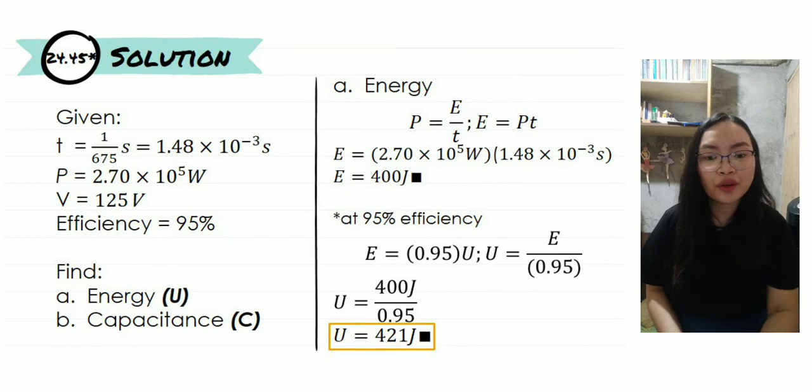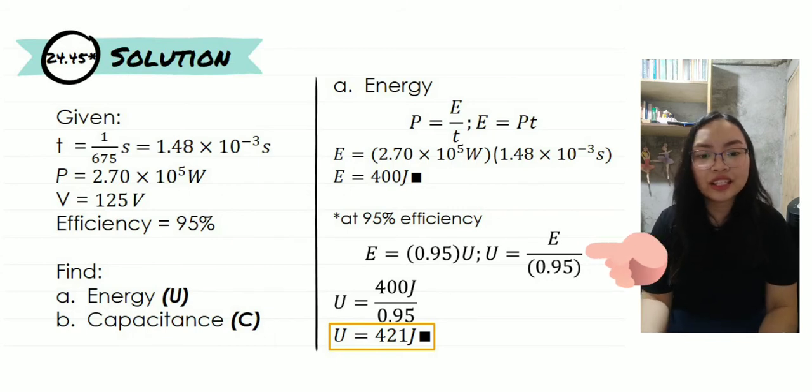And to do that, we only need to use E is equal to the percentage multiplied by the total energy. And to get the total energy, we need to manipulate the equation.